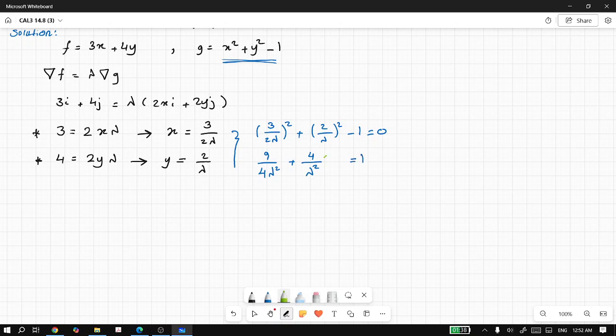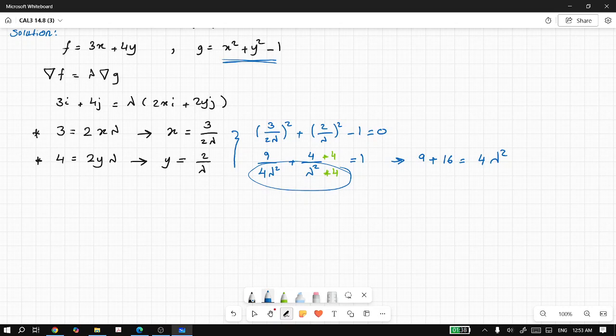I'm equalizing the denominators of those two so that I can deal with it. So I'm multiplying both by 4. From here I get 9 plus 16 is equal to 4 lambda squared. Why 4 lambda squared? Because we equalized the denominators here, and we did cross multiplication.